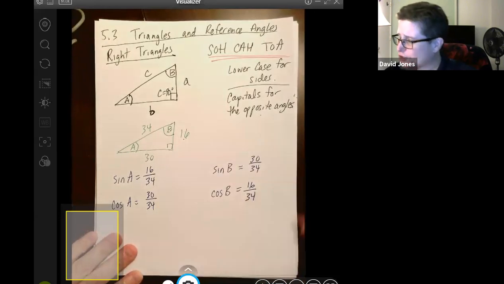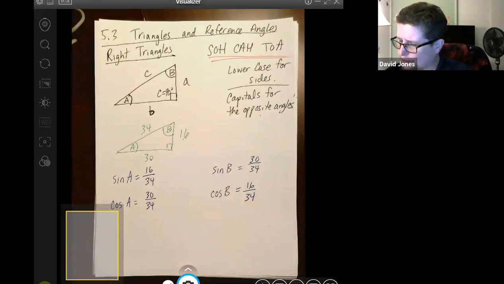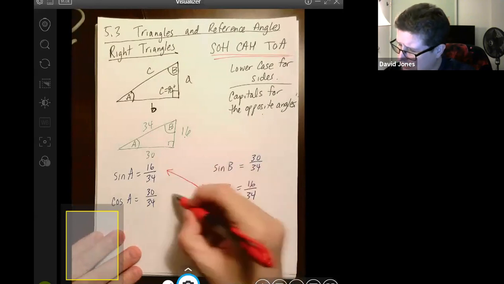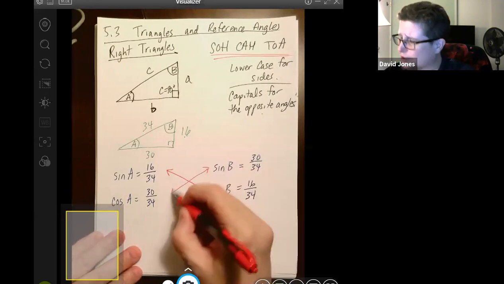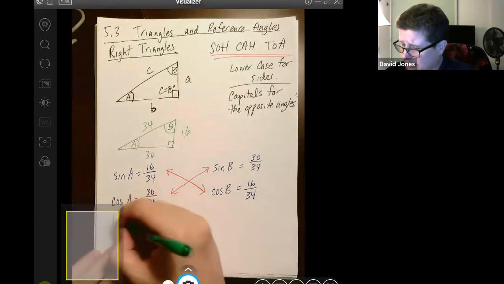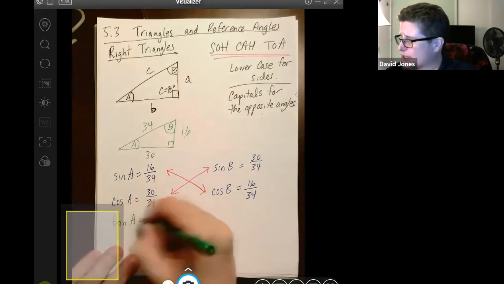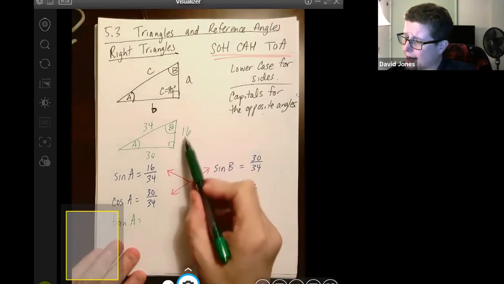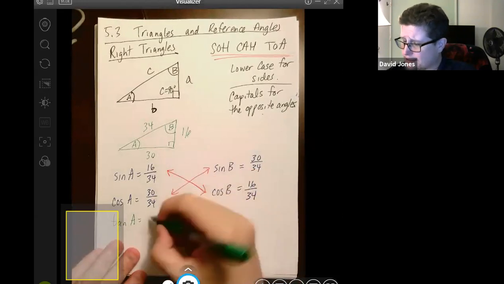So you'll notice sine of A is equal to cosine B, and cosine A is equal to sine B. And if we look at the tangents, tangent A is opposite over adjacent.